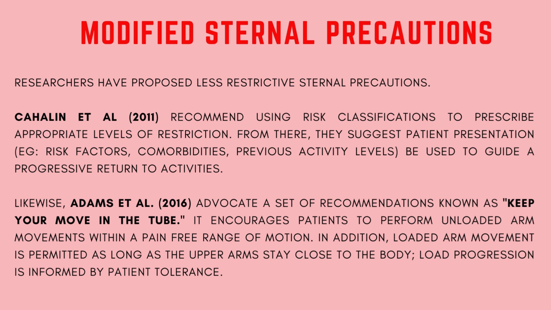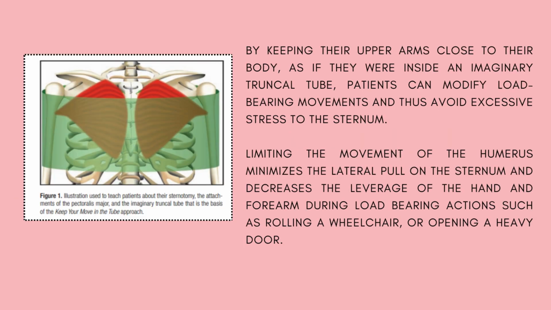to the body. So, what they suggested is, if you look at this picture, the patients were advised to imagine that there is an imaginary tube around their trunk. So, what you have to do is keep your upper arm close to your body. So, the shoulders remain adducted close to the body.